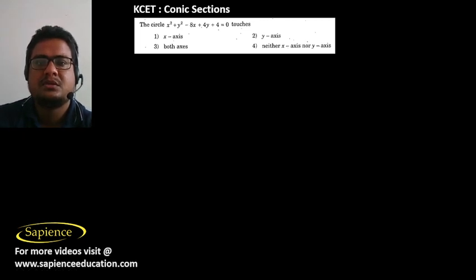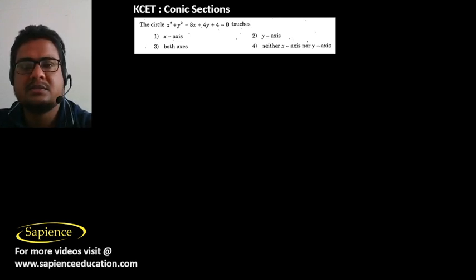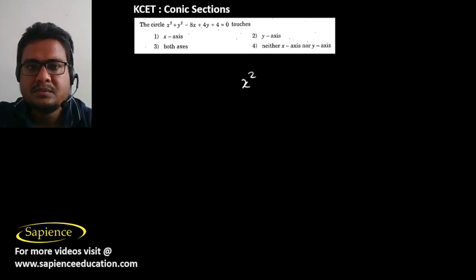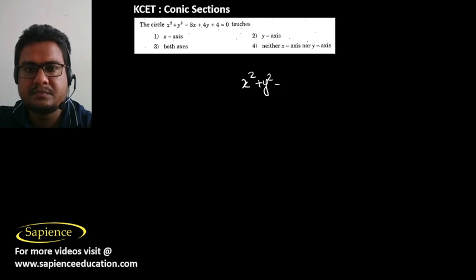Then here it is told, the circle, does it touch the x-axis or the y-axis or none of the axes. So here the equation of the circle is in this form, which is x square plus y square minus 8x plus 4y plus 4 equal to 0.